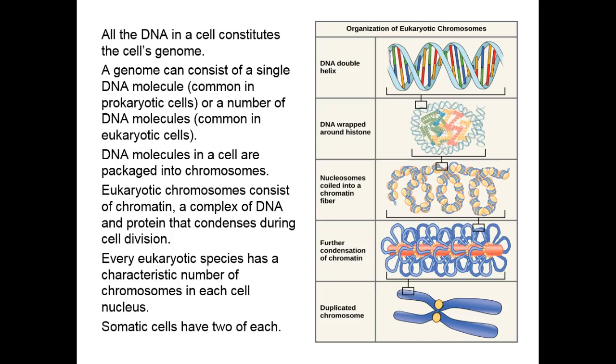And then somatic cells, as we've talked about, there's that term soma. Soma means body, and somatic cells have two of each. That is because you get one from the male gamete, one from the female gamete. They get together into the zygote, and then every cell after that zygote replicates with that set of chromosomes.